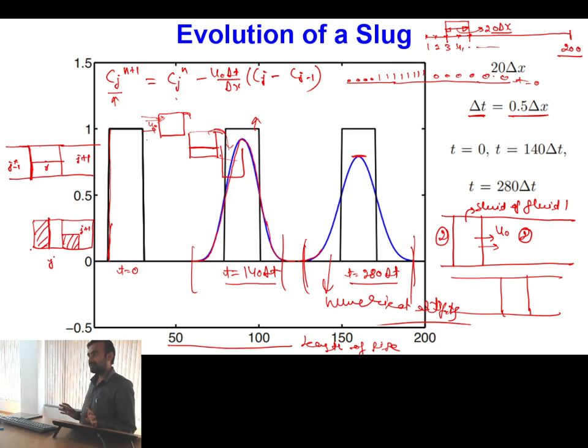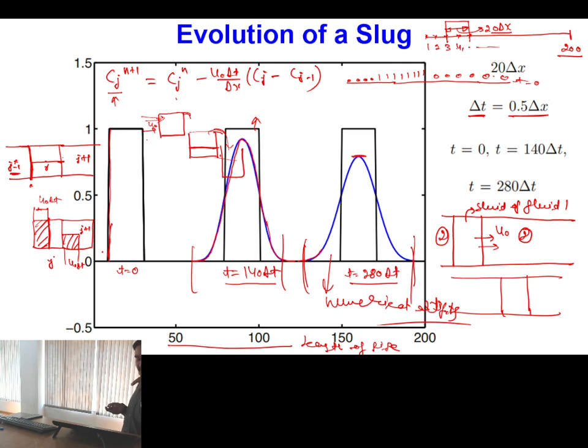At this point I assumed that the flux which has moved was equal to Cj. Cj was fully filled, so that fully filled portion has just displaced through U naught into delta t. And here I assumed that it is filled up to this, so this much portion has displaced through U naught into delta t.